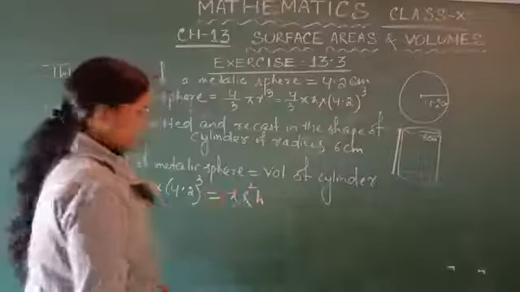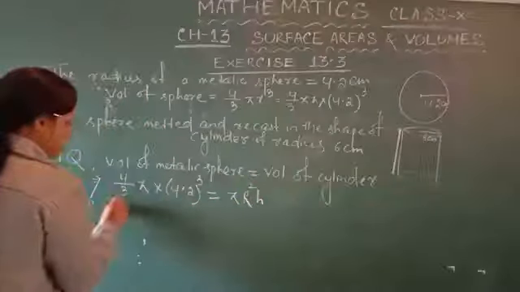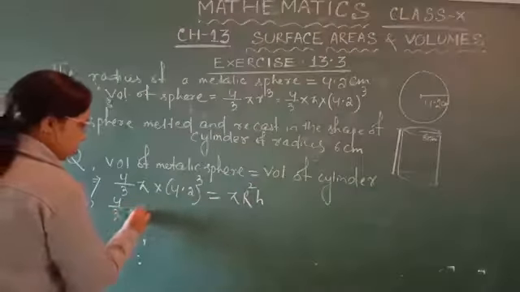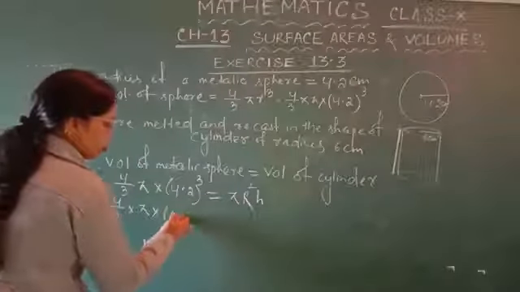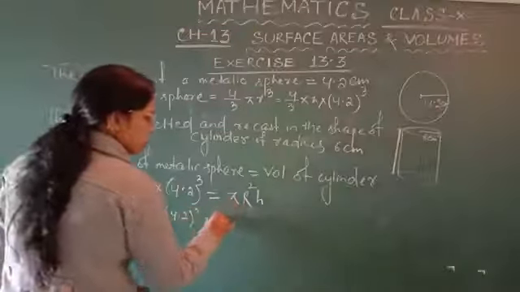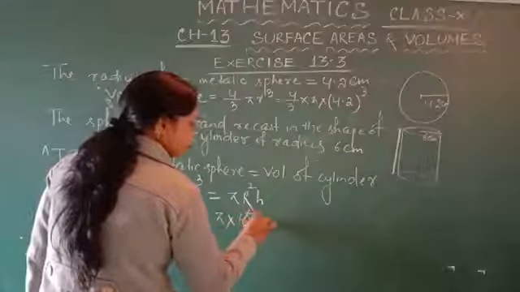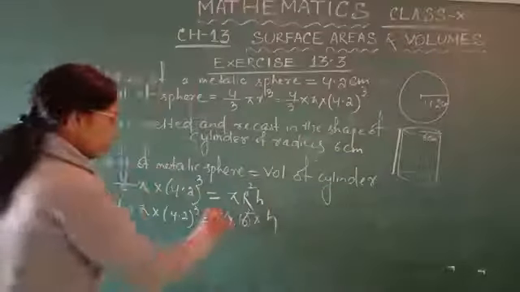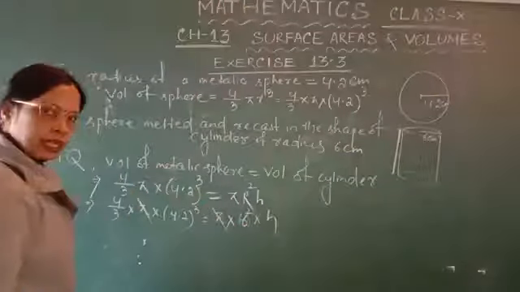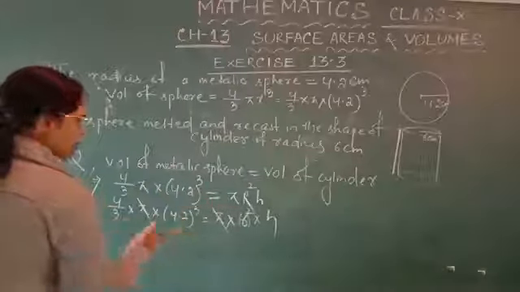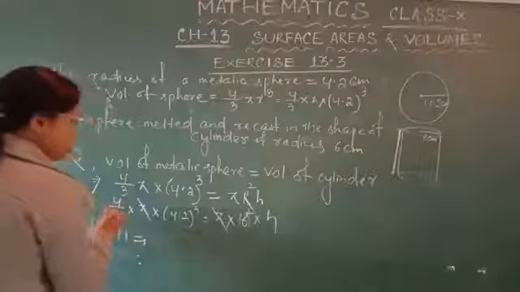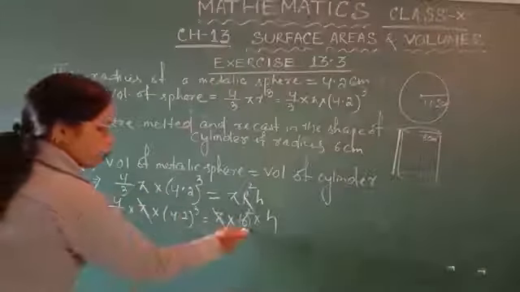Pi r square h. So now this implies 4 upon 3 into pi into 4.2 cube is equal to pi into 6 square into h. Now both sides pi cancel. So this implies h is equal to this divided by this one.